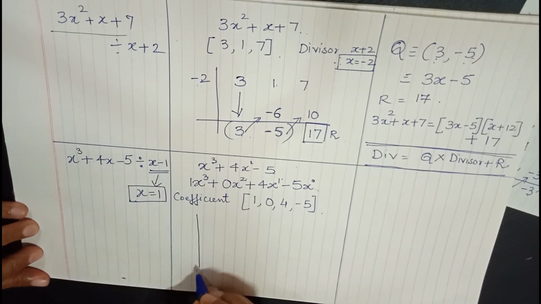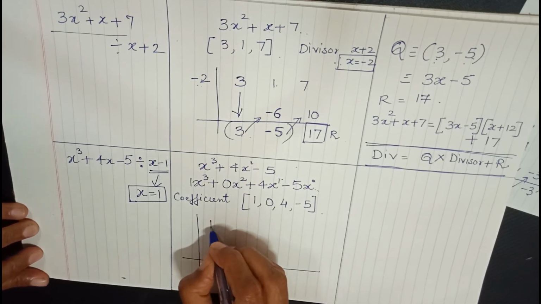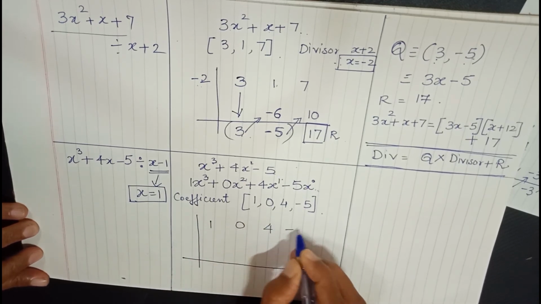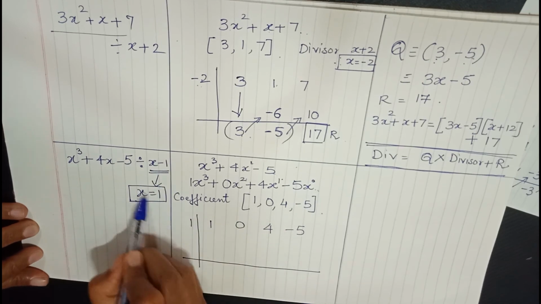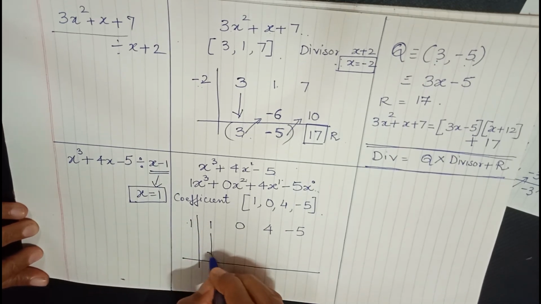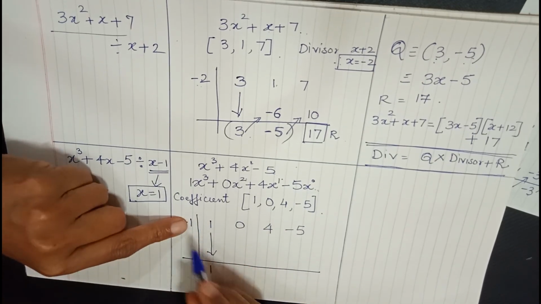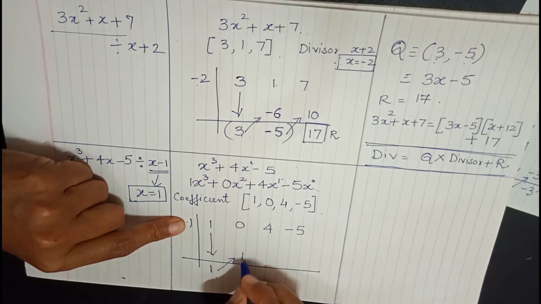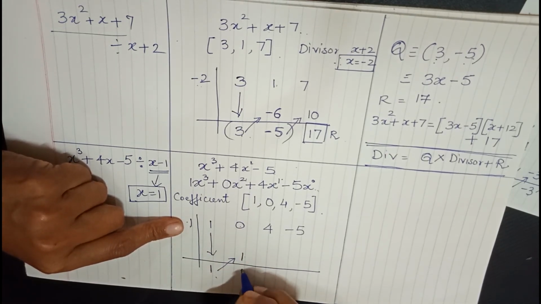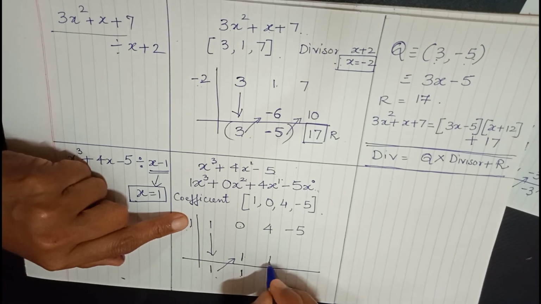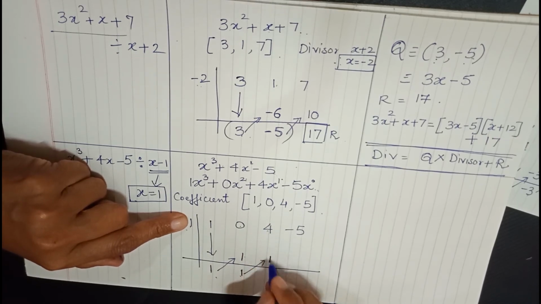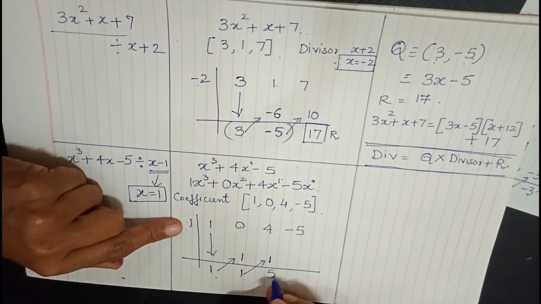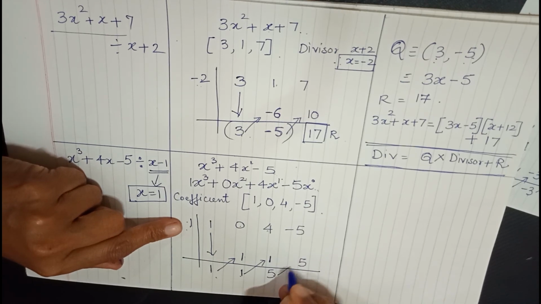So let's do the synthetic division here. 1, 0, 4, minus 5 and this divisor here. So first number we write as it is. Then 1 into 1 is 1. 0 plus 1 is 1. Again 1 into 1 is 1. 4 plus 1 is 5. 1 into 5 is 5.